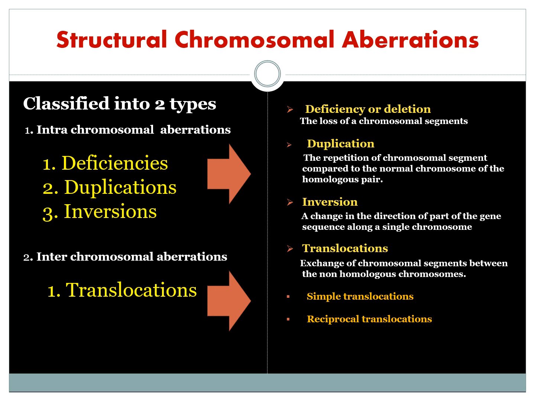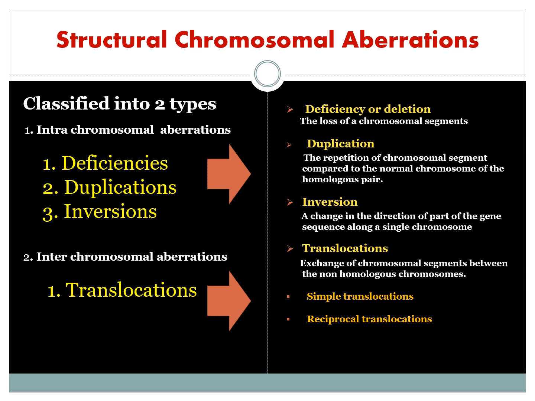Structural aberrations are classified into two types depending upon their origin: intrachromosomal aberrations and interchromosomal aberrations. Intrachromosomal aberrations means the change occurring within the homologous pairs of chromosomes. That means a pair of chromosomes is involved in creating structural changes.